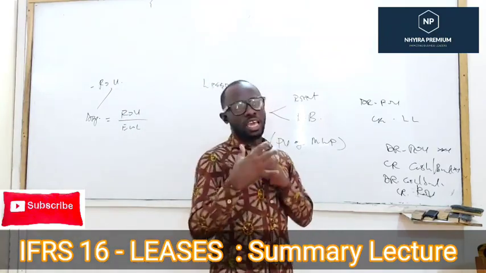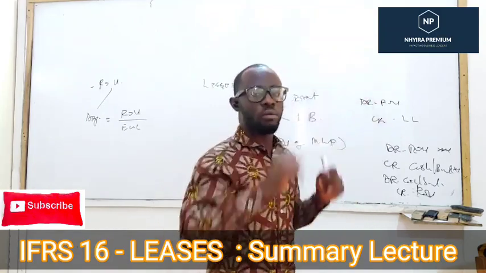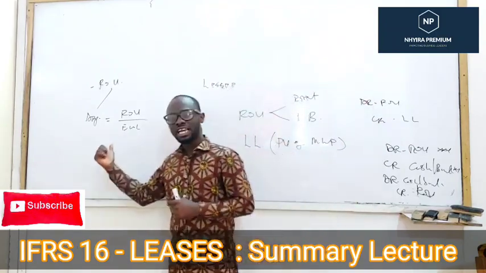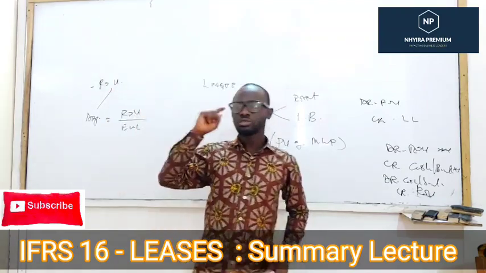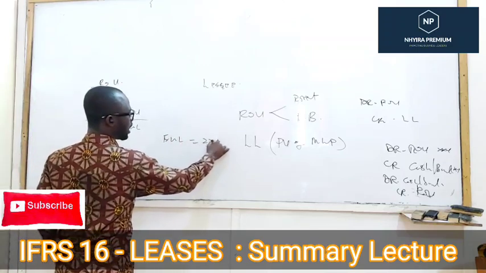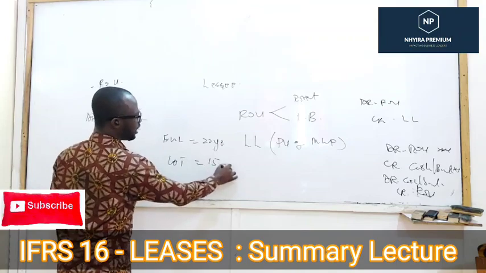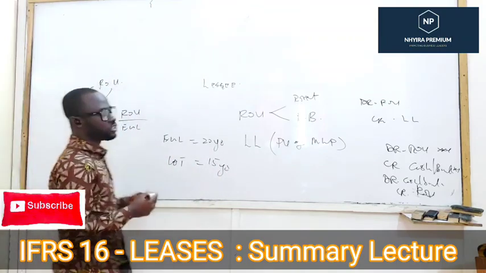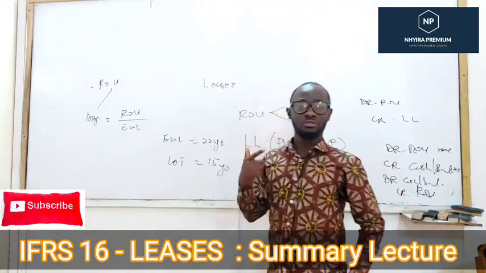If in the question we are given the lease term, which will be given all the time, as well as the economic useful life of the assets, the standard states that we select the earliest of the two. So what does that mean? If the economic useful life of the asset is 20 years, and we are leasing the asset for say 15 years, it means that we are going to be depreciating the asset over the lower of the two, and that is going to be the 15 years.